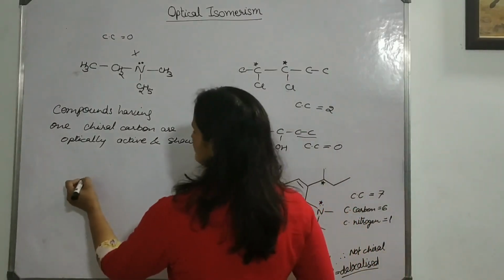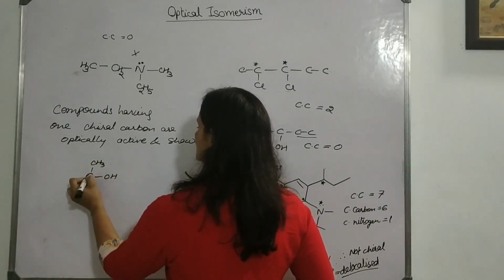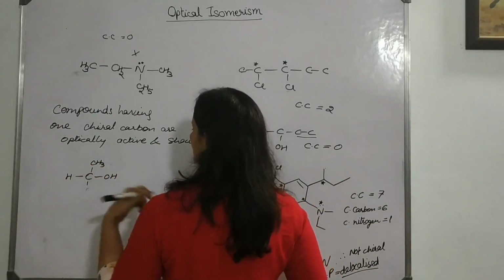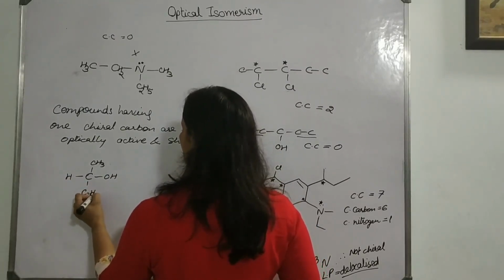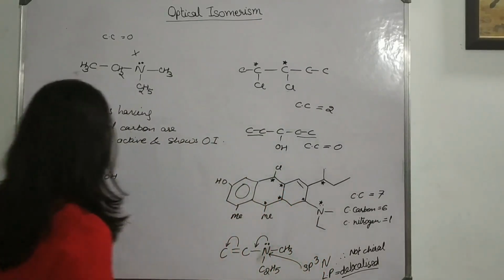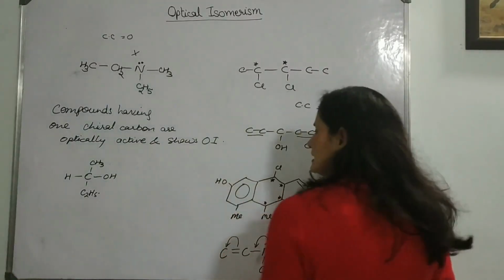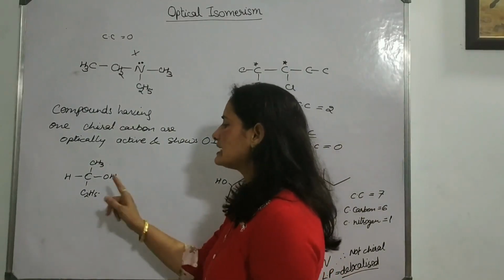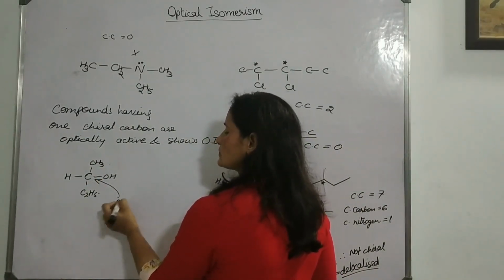For example, lactic acid. What is lactic acid? One methyl, one OH, one H, and what is the another group here? I think ethyl. Okay, let's take it as a general example. In this example, we can see clearly the carbon is chiral and this is your chiral center.